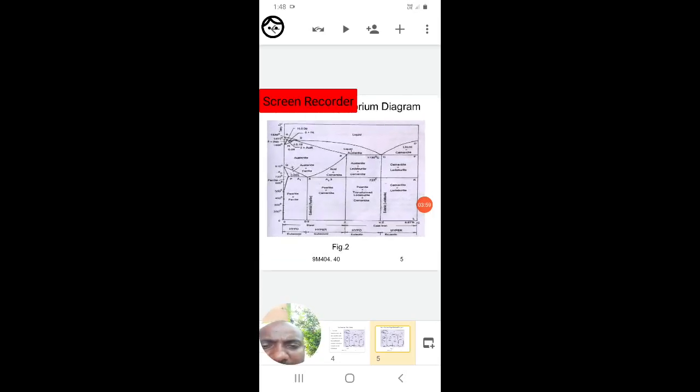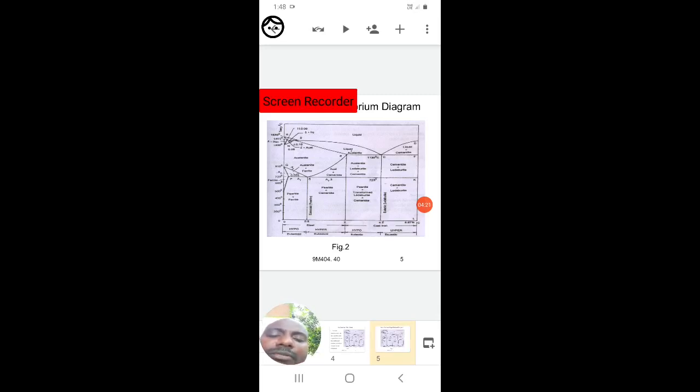In the iron carbon equilibrium diagram, temperature is on the y-axis and percentage of composition is on the x-axis. 0 to 2% is called steel, and 2 to 6.67% is called cast iron.